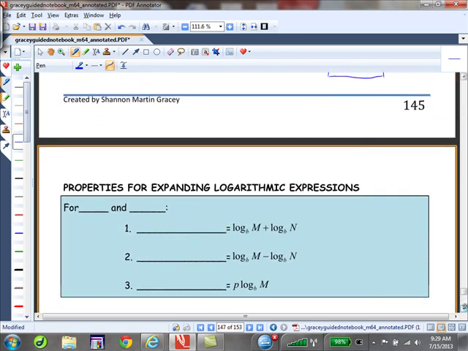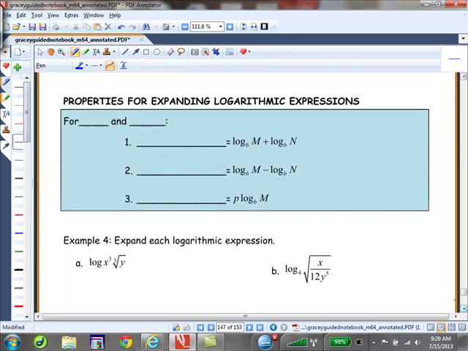All right. So now here's some properties for expanding logs. So for m greater than 0 and n greater than 0, log base b of m times n is equal to log base b of m plus log base b of n.